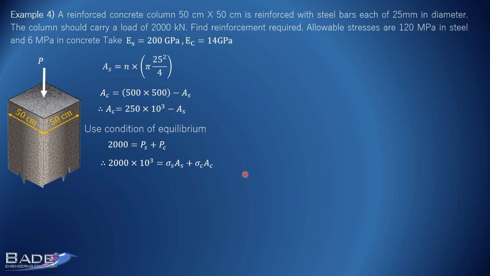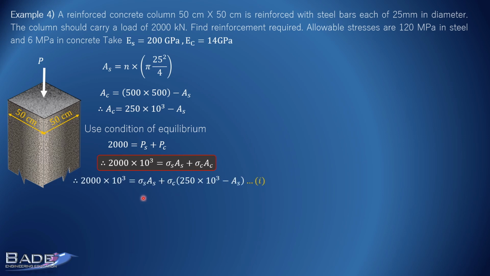But the most important thing, remember this: when safe stresses are given, you write this statement not in terms of loads but in terms of stresses. So I have deliberately highlighted this statement. Using conditions of equilibrium, this is the relation we have created between stresses and not directly in loads.